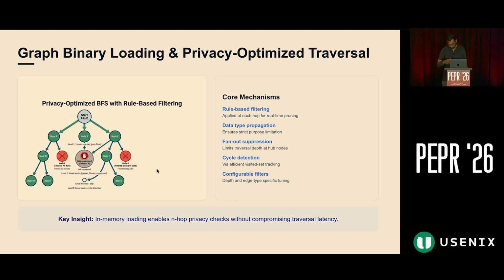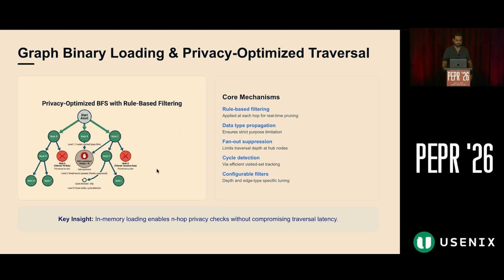Once we load the memory, the next question is how we traverse it, right? For traversing, we simply use the BFS algorithm, but of course we have decoding techniques for the compressed graph so that you can normalize it and get back the normal node and edge structures. We also apply rule-based filtering. We also propagate some of the data types.